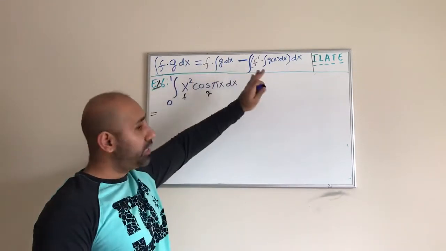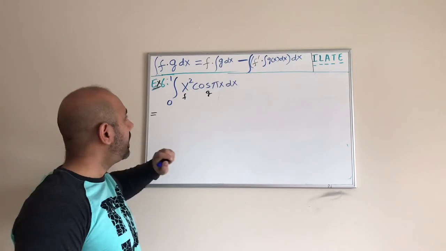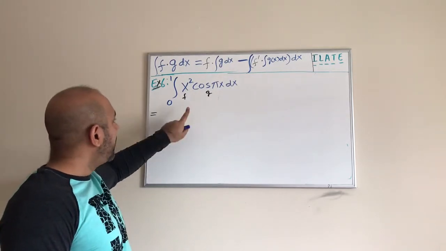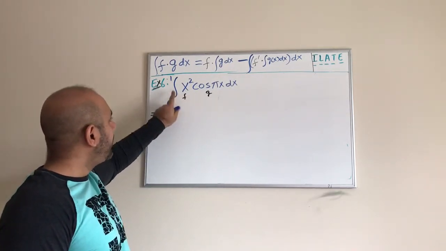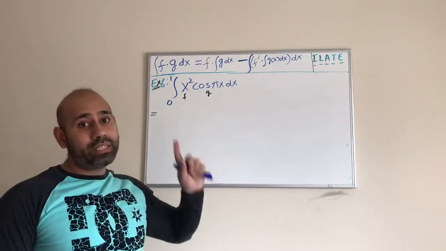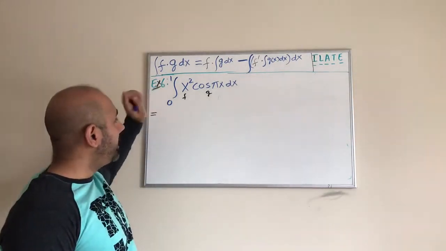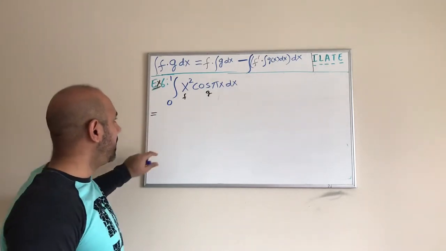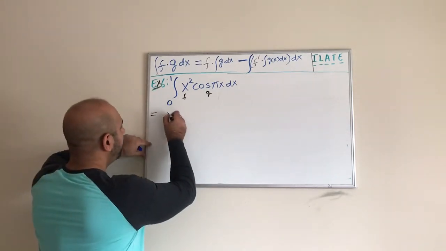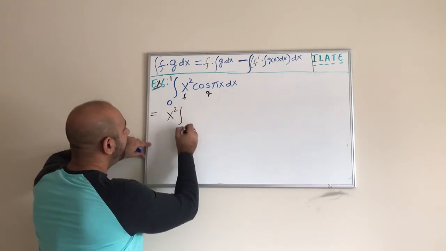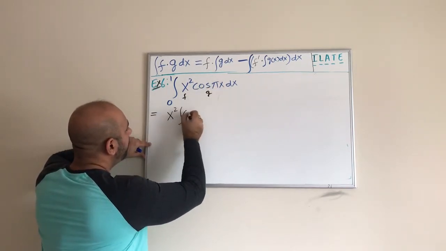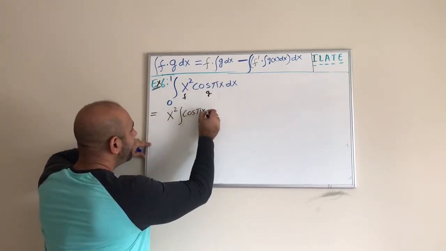The integration by parts formula is already right up here. So let us start doing it, and keep in mind we have to use the fundamental theorem of calculus to finally evaluate, because we have a lower limit and an upper limit. So just follow through the steps carefully. The first thing is to write the x squared, then the integral of the cosine of pi x dx.